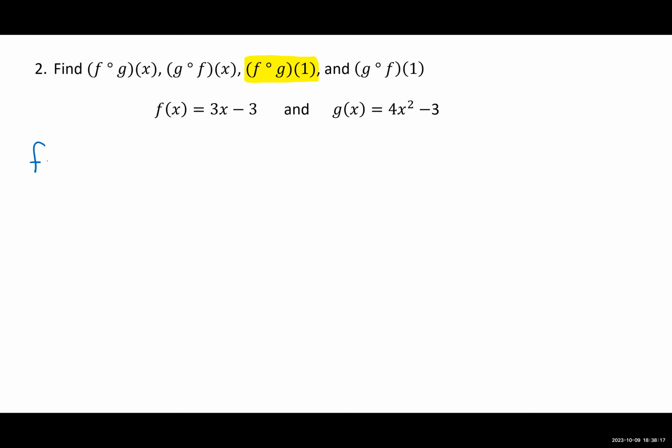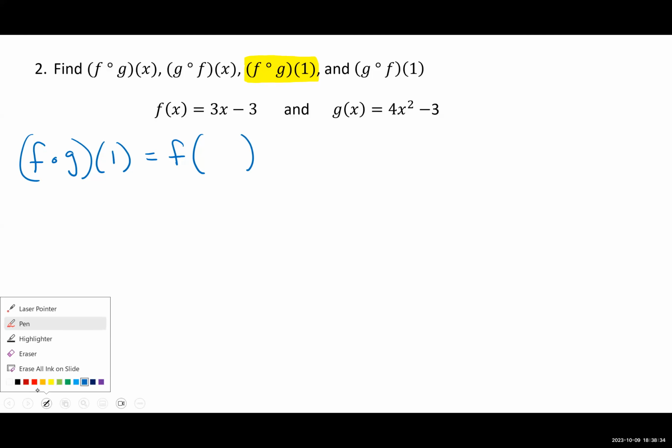Okay, so f of g of 1 means f of g of 1. I'll use red for the inside. So f of g of 1, which means we want to work inside out, right?